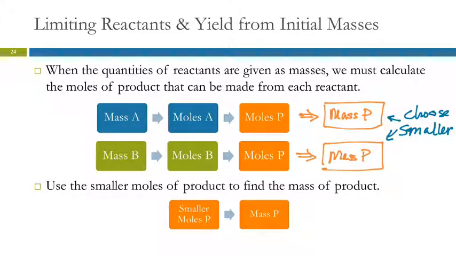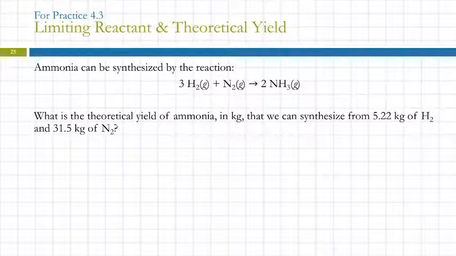So you get 2 answers. Choose the smaller one, and that's the amount of product that can be made. So let's test that out.